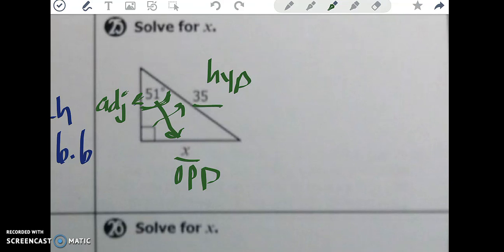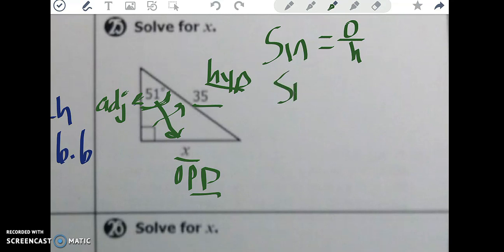Going back and looking at your notes, which deals with opposite and hypotenuse? When you go back and look, you'll notice that the one that has the O and the H is sine, which is equal to O over H. So then we do sine of the angle, which is 51, is equal to opposite, which is x, over the hypotenuse, which is 35.